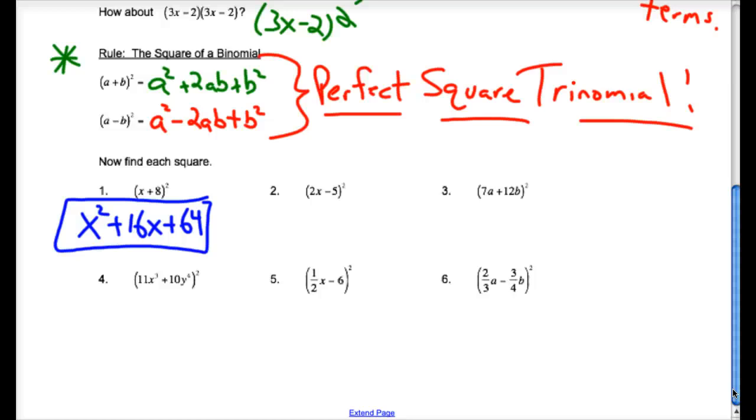All right, who wants me to talk through the second one? Come on, guys, practice this. Madeline, square the first piece. 2 times 2 is 4, not 2. 4x squared. Multiply the two pieces together. What's 2x times negative 5?